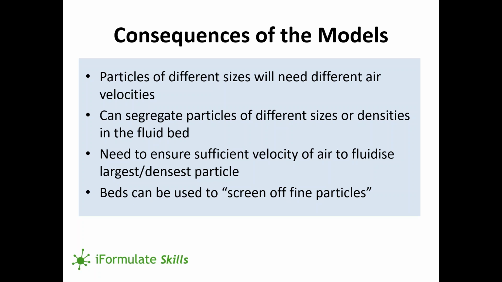As I said, you can segregate particles, and in the extreme, you can use that segregation to blow stuff out. Particles that have different densities and sizes, if you haven't got enough velocity in the bed, will tend to segregate and give you bigger particles on the top and smaller particles on the bottom. So you need to ensure sufficient velocity to fluidize the whole product.